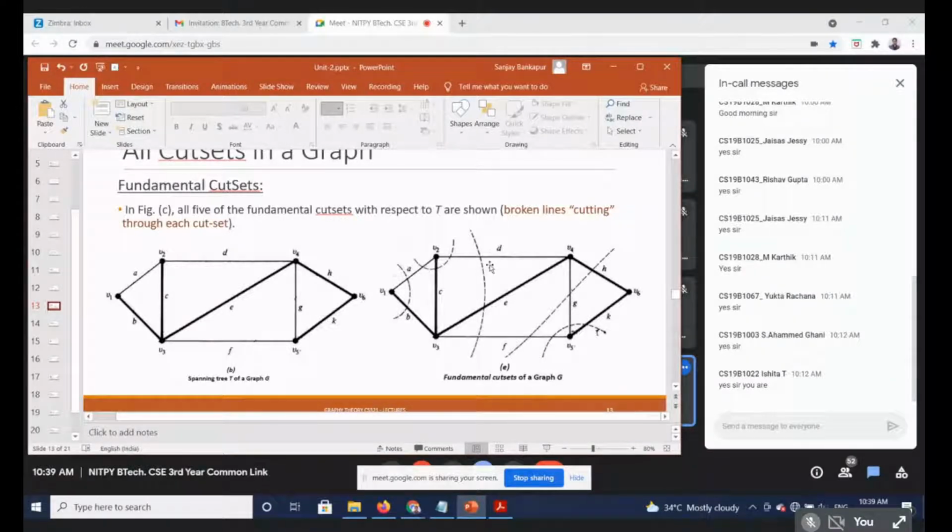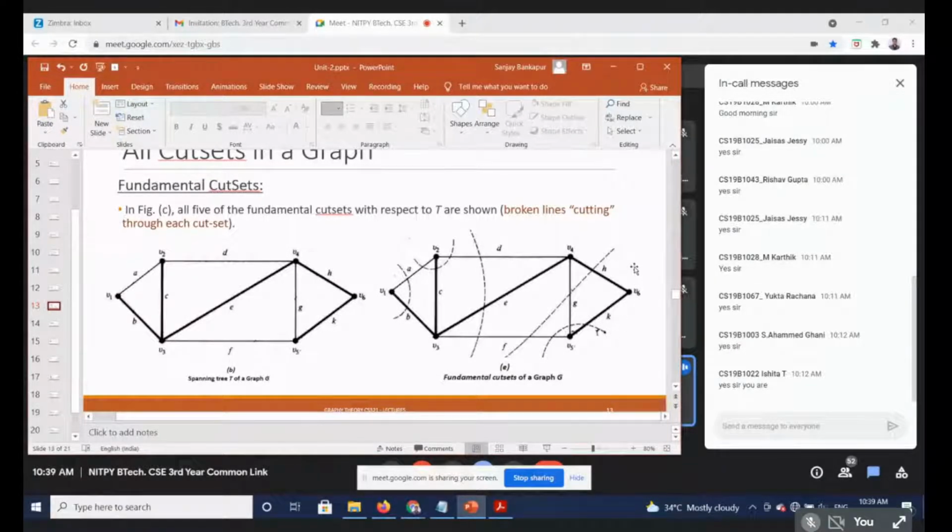Similarly, this one, D, E, and F: only one branch is there in this edge set. Similarly, this: only H is the branch, and the rest, G and F, are chords with respect to the spanning tree. Similarly, this: K is the branch, and G and F are chords with respect to the spanning tree.